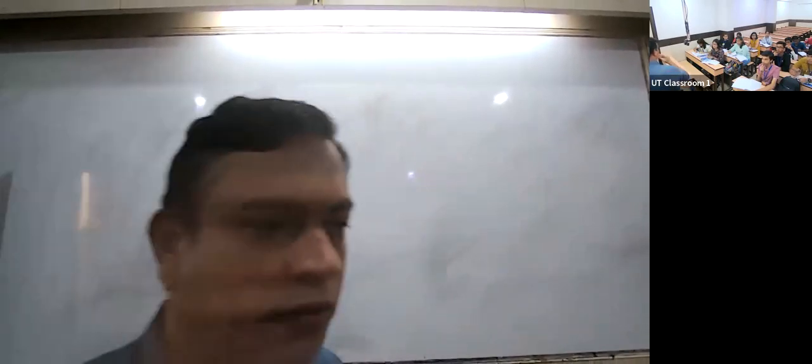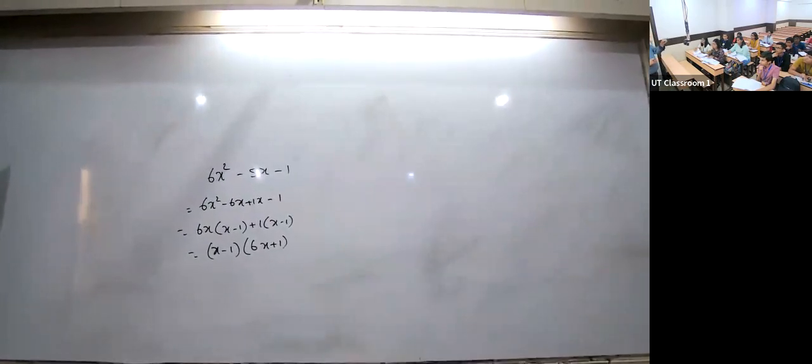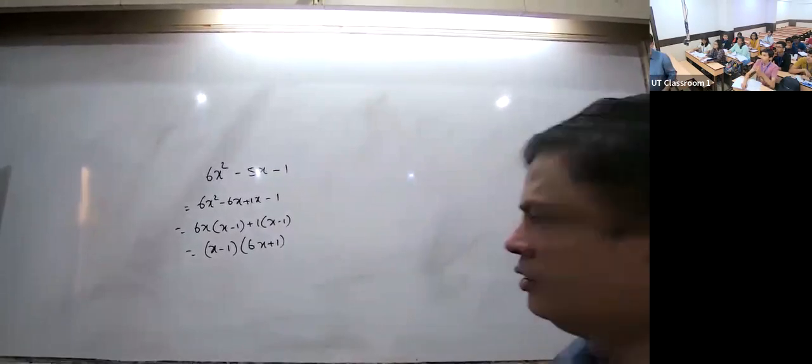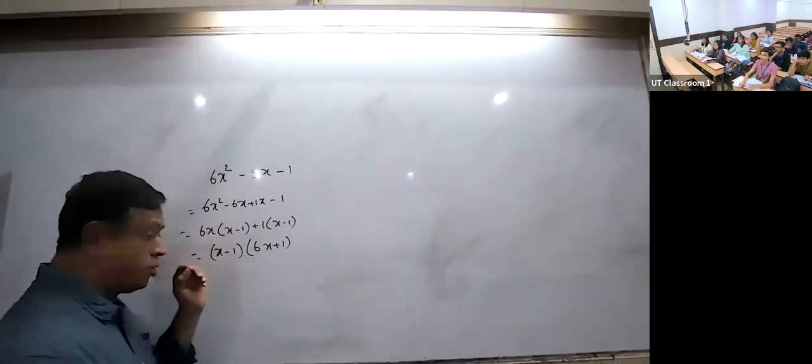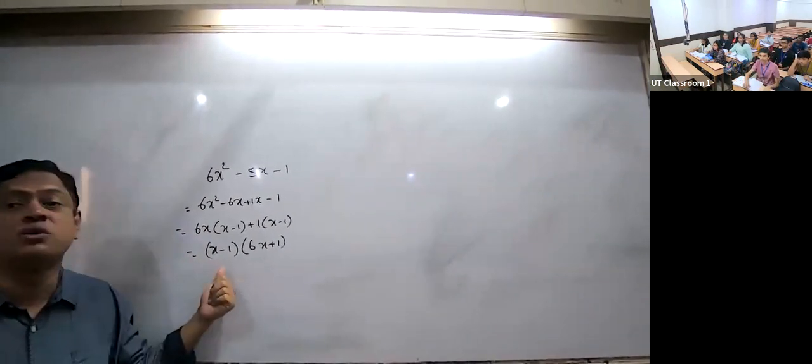Now listen, all of you. Do the remaining things, keep it aside and listen here. By splitting the middle term we got two linear factors.